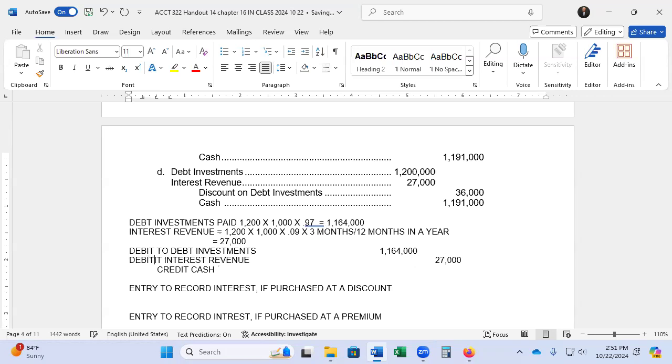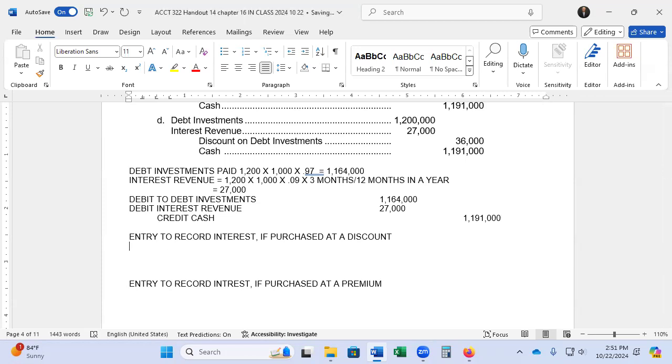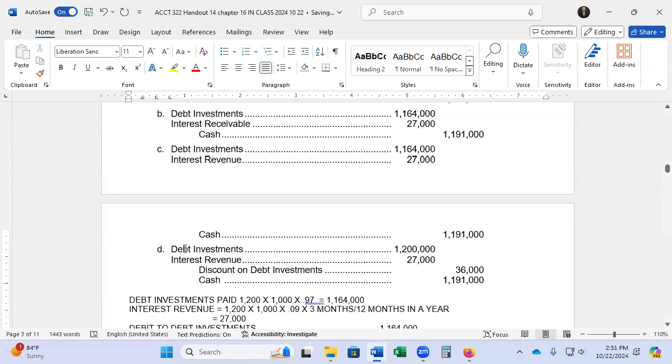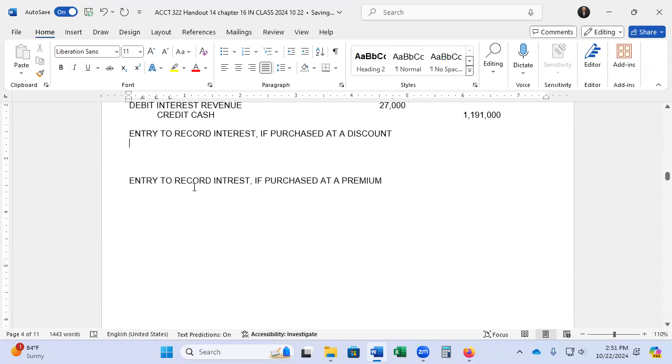I just had it misaligned on my paper. And then that's 1,191,000, which is just the total of the two. And so that answer is B. Any questions?